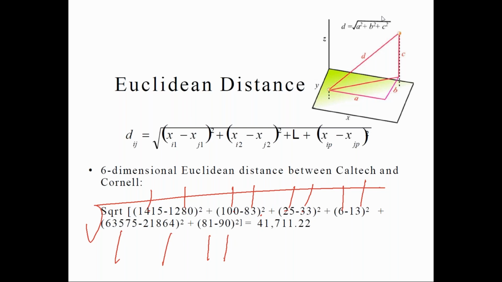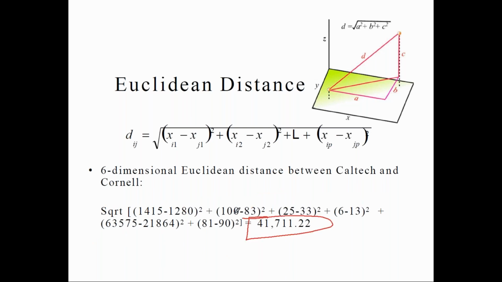So why are we getting a distance of such a huge value? Why is the distance value so high? The answer is on the slide itself.